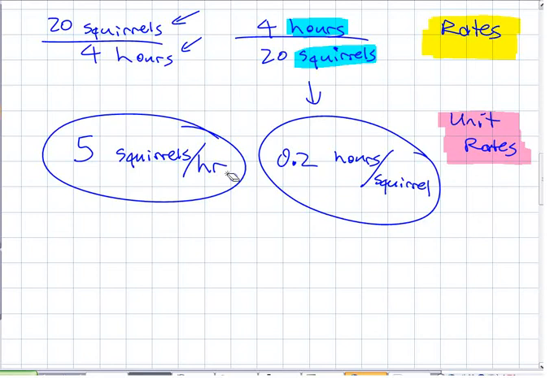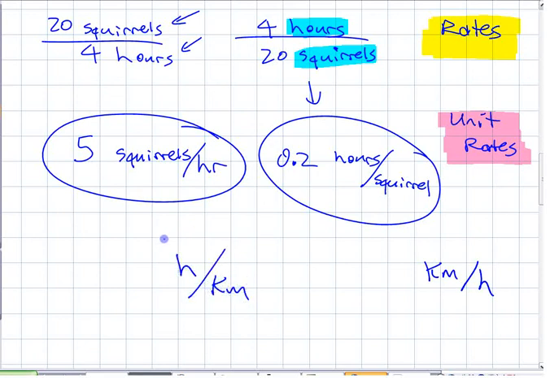Which one of those two do you think is more something that you would actually make sense of in your head? I sort of think this one does, right? 5 squirrels every hour. Usually you put the time on the bottom, kilometers per hour. What would it be if you turned that one around? Hours per kilometer.